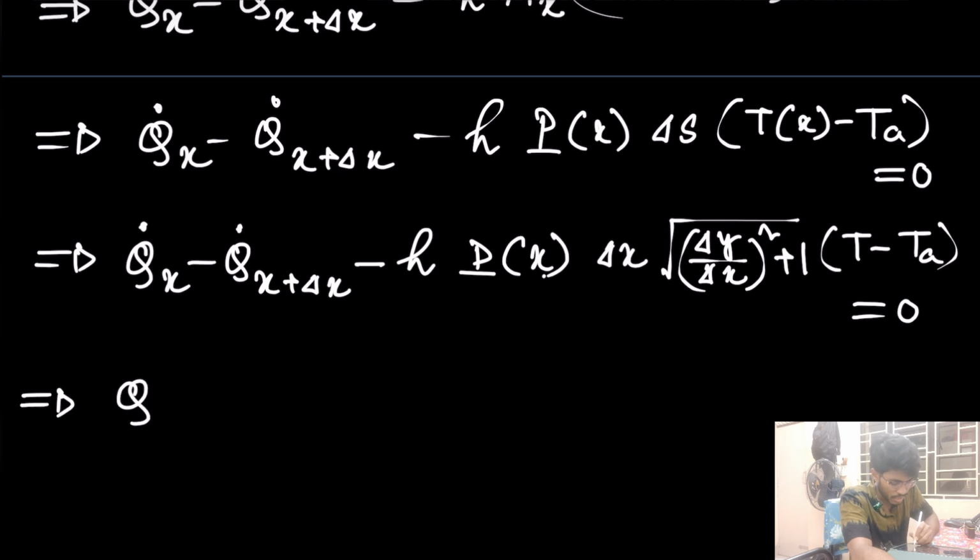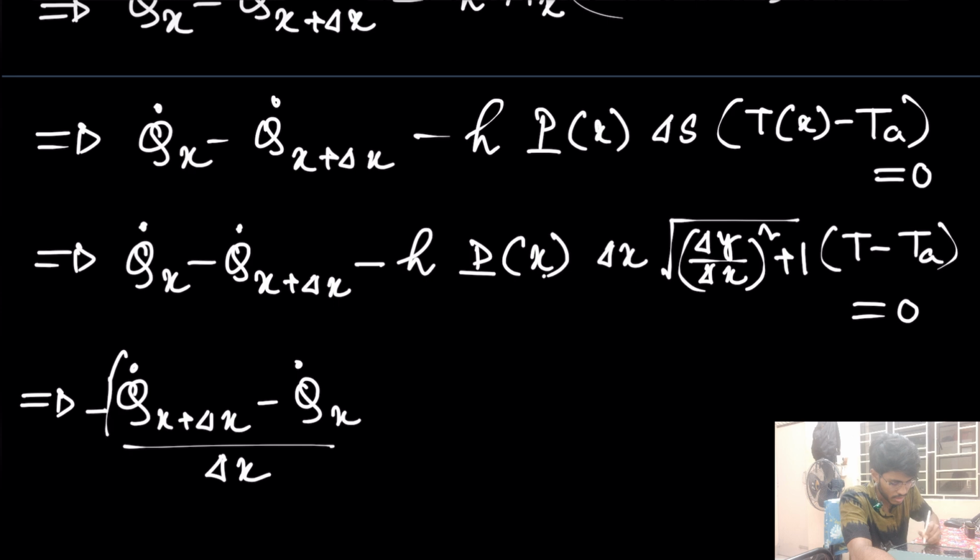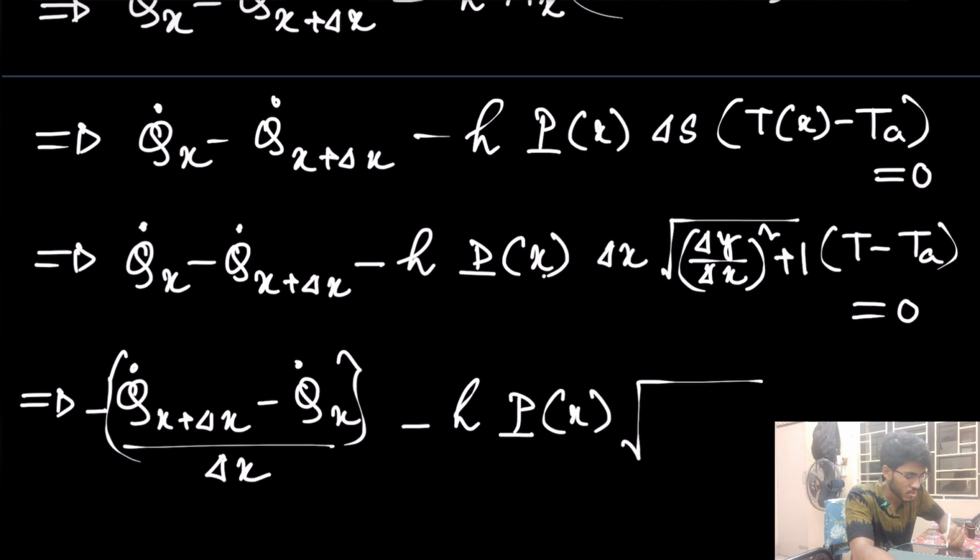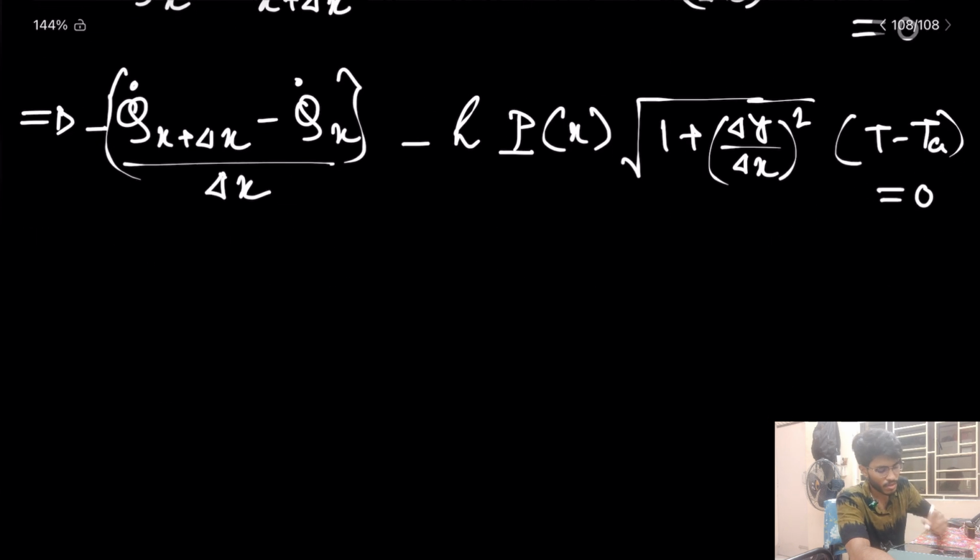Now I can take a minus common and divide by delta x. So h, minus P of x, square root of 1 plus delta y by delta x whole square, into T minus T a, is equal to 0.